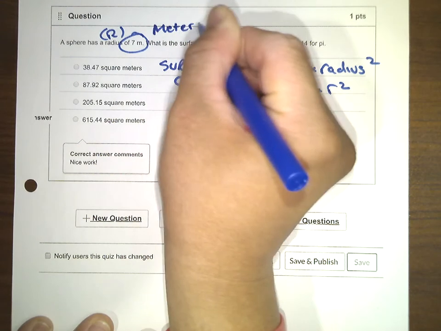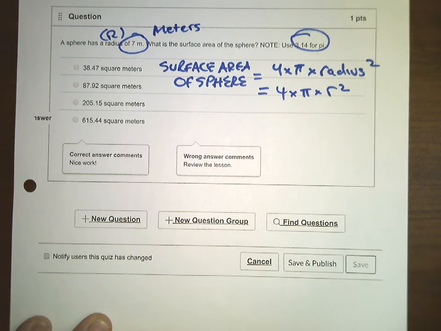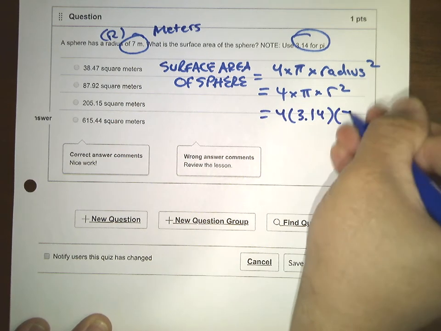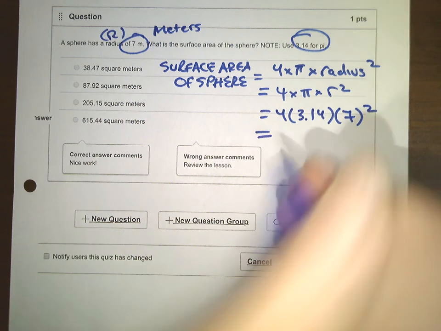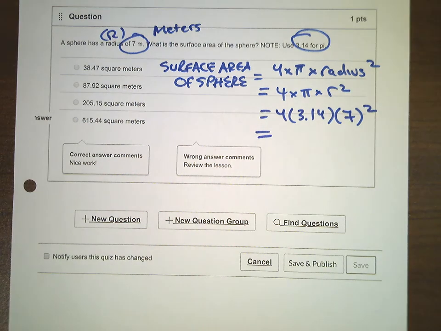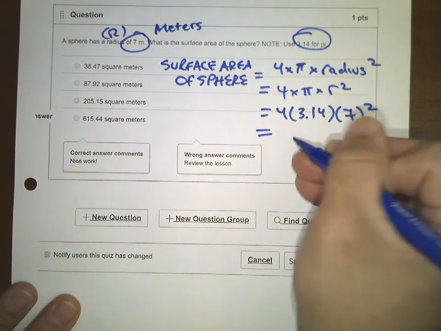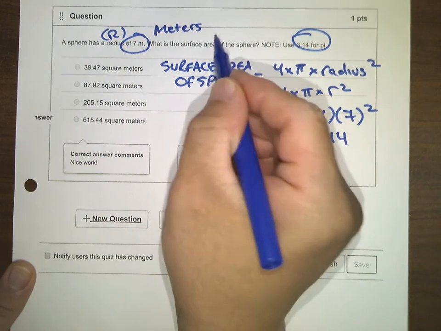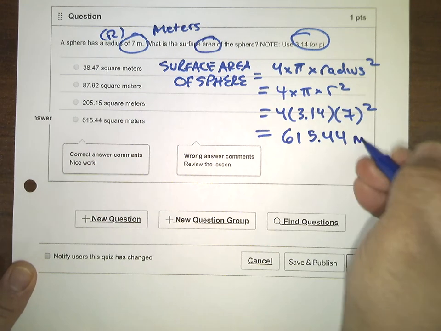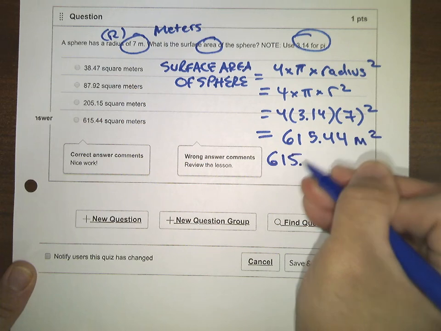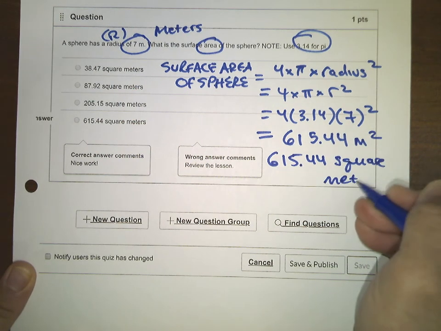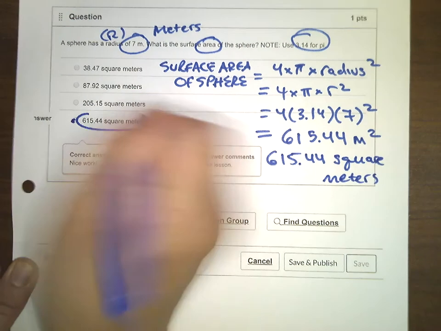It wanted us to use 3.14 for pi, so we have 4 times 3.14 times 7 squared. If I do this calculation, I get 615.44, and this is an area, so this is meters squared, or 615.44 square meters. All right, so there is my final answer right here.